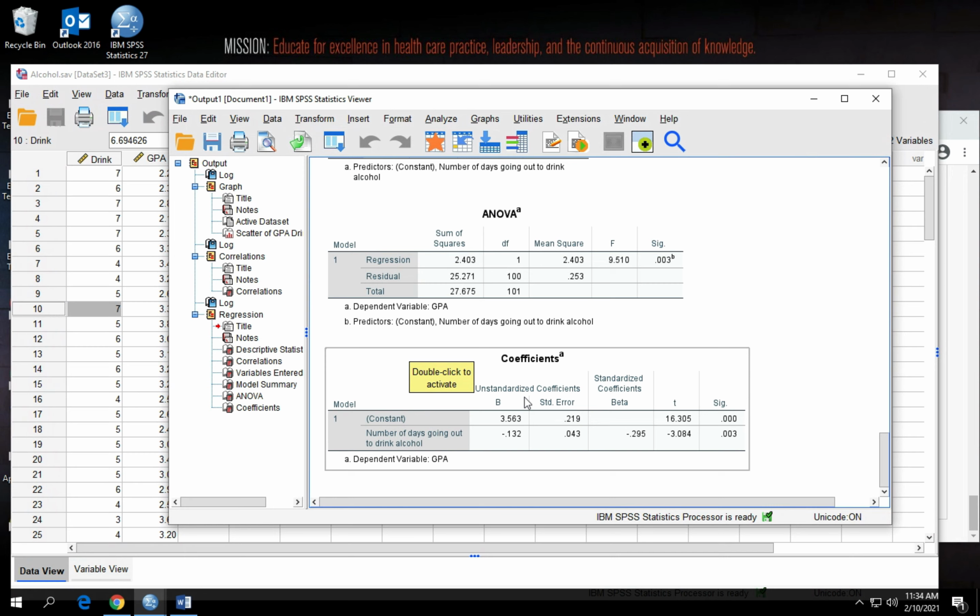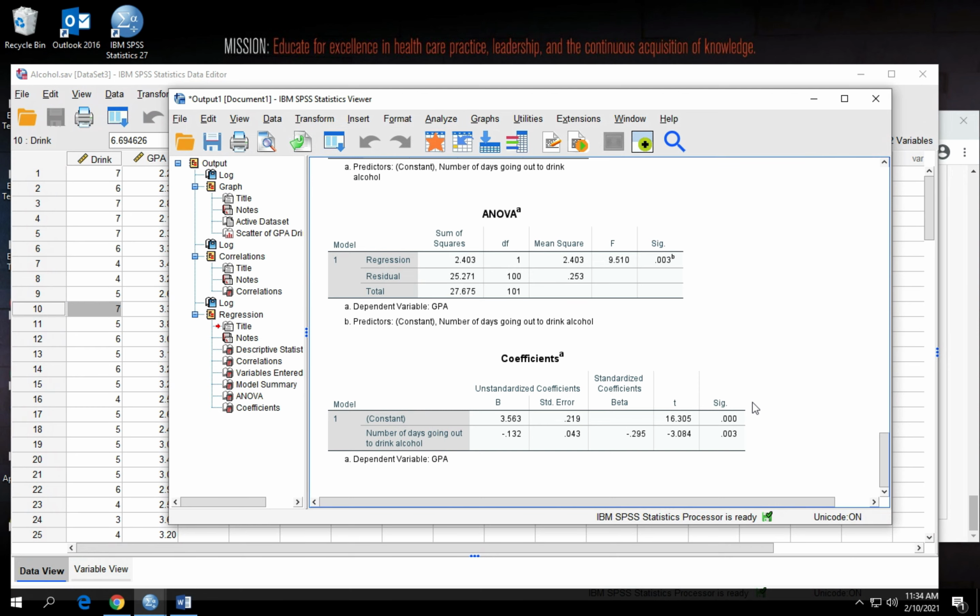When you want to do reporting, you want to report your B, your standard error, and whether it's significant or not. This one was significant, with a p-value of 0.003.